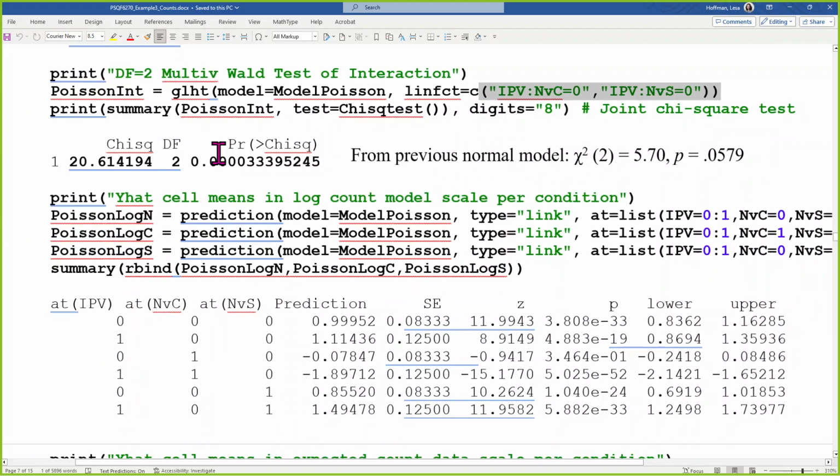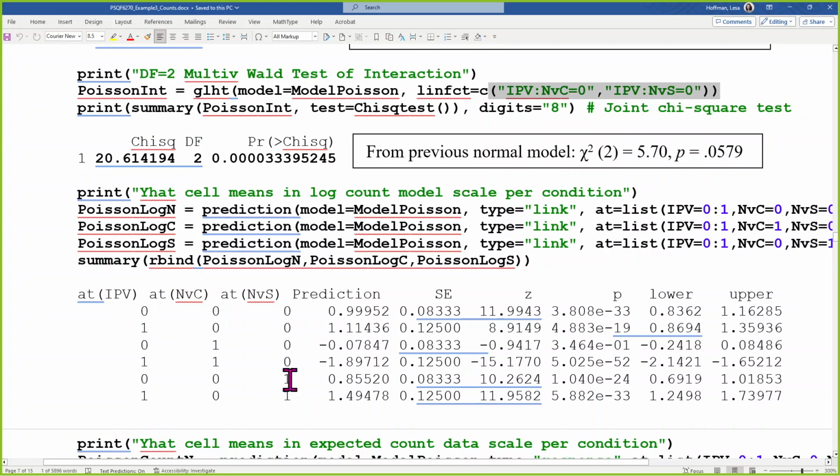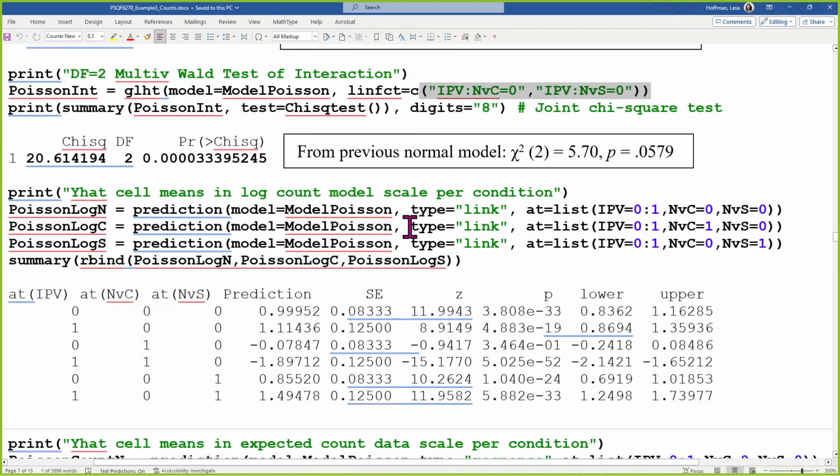Here's some predicted outcomes. First, in type equals link, so I'm using the prediction function from the prediction package, and I'm telling it what values of my predictors I want the predictions to be generated for. So this will be a range. And type equals link, can you guess what that does?